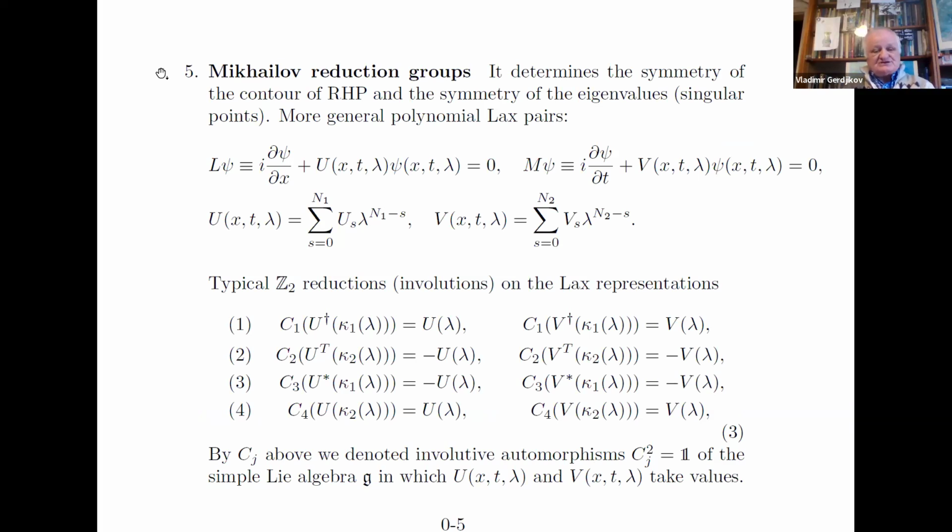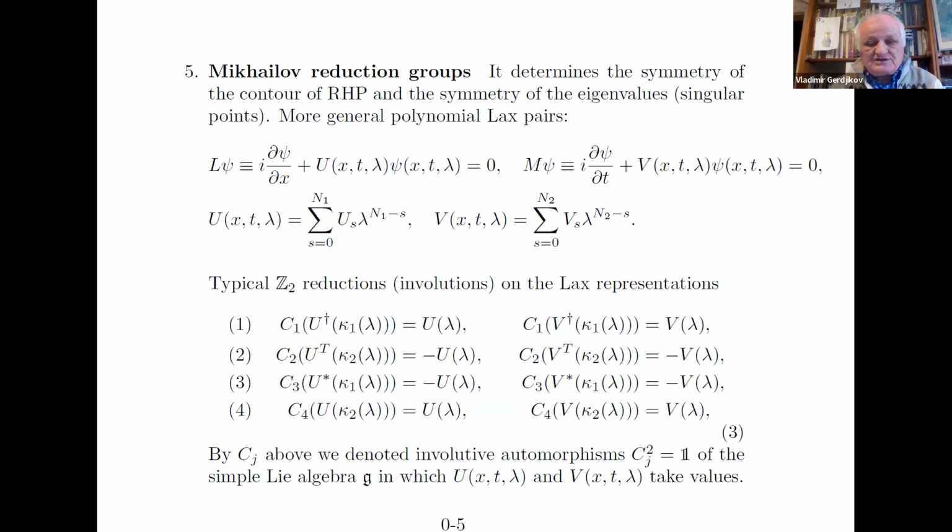These symmetries that I demonstrated on the discrete eigenvalues are actually due to Mikhailov reduction groups. And Mikhailov reduction groups can also influence the contour of the Riemann-Hilbert problem.